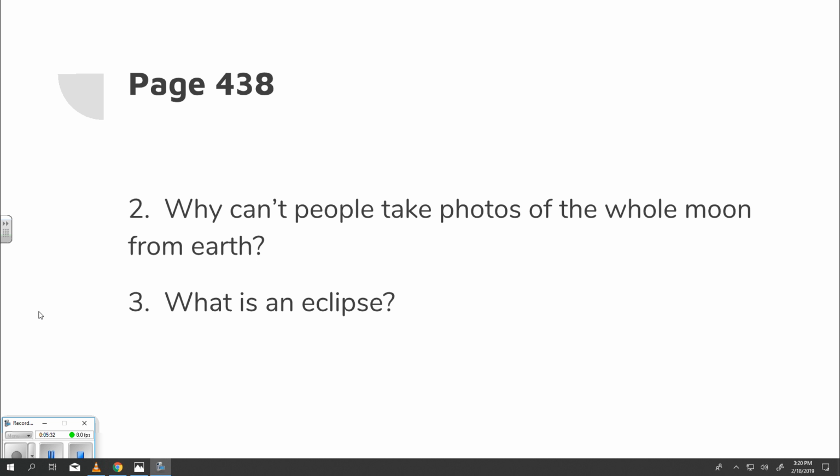Why can't people take photos of the whole moon from the Earth? Question 2.